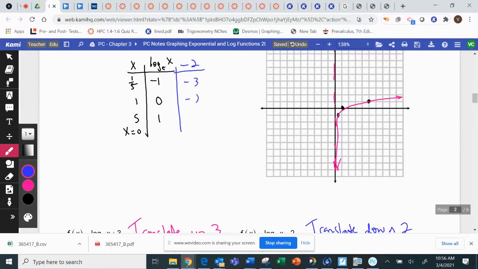It's negative 3, negative 2, negative 1. So I'm going to take each of these points and go down 2. Does that change the asymptote if I go down 2? If the asymptote's vertical and I go down 2, it's not going to change my asymptote. So there's the blue one.